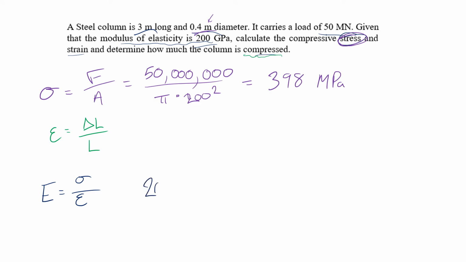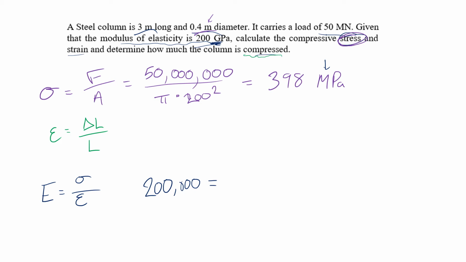So I've got 200 for my modulus of elasticity. Now this is in gigapascals. It's got to match whatever my stress is in. So my stress is in megapascals, so I'm going to move this down a unit. So this is going to change to 200,000 because that's megapascals right there. And that's going to equal the stress.